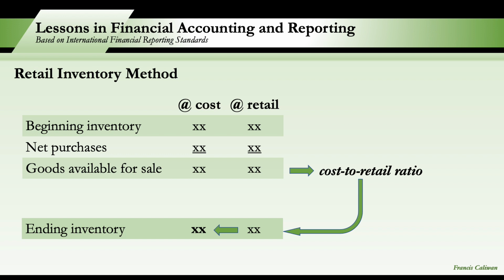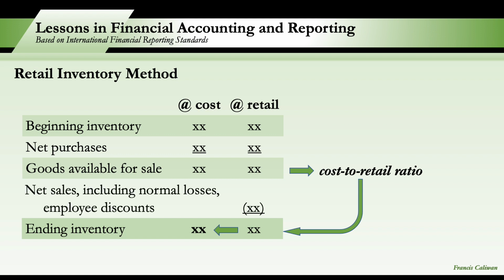Now the question is, how can we determine the ending inventory at retail? We just simply deduct our sales or net sales, including normal losses and employee discounts, from goods available for sale, and there, we can get our ending inventory at retail.